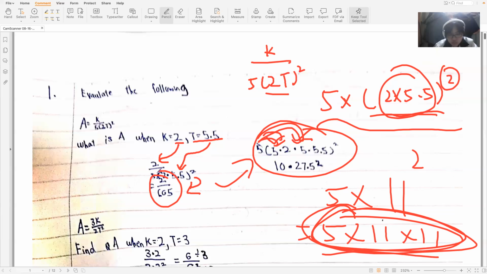I'm expecting an answer from you. Yes or no? Just 2 over 605. Yeah. Then why you say no? Why you say divide by 2 just now? Can you divide by 2 here?